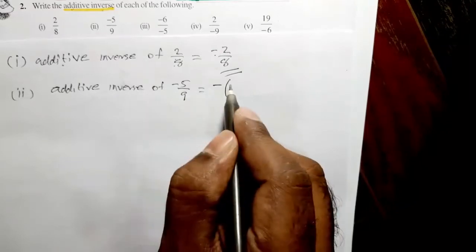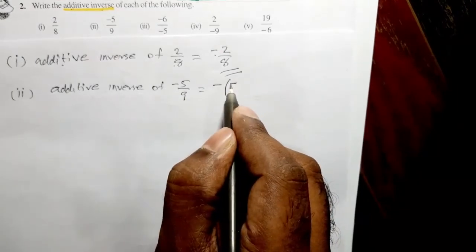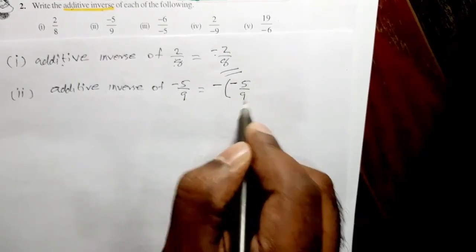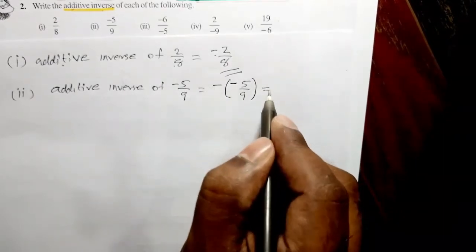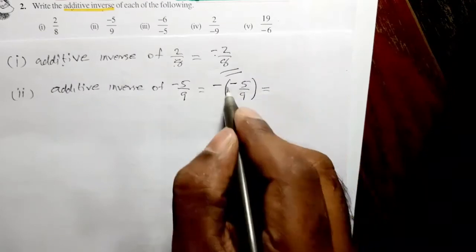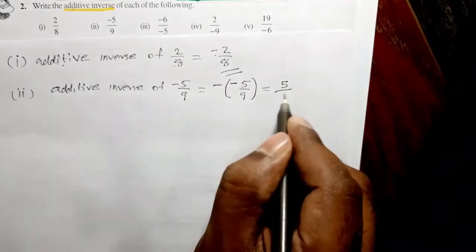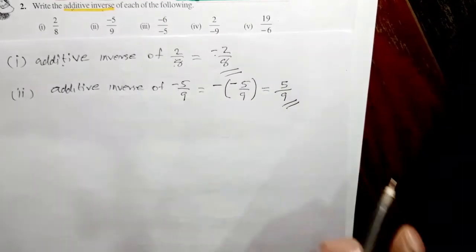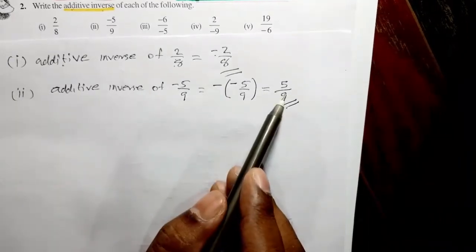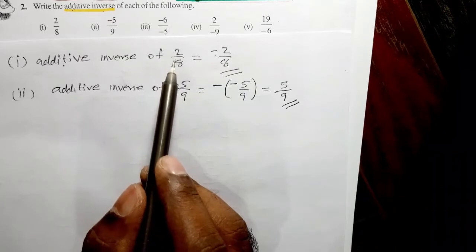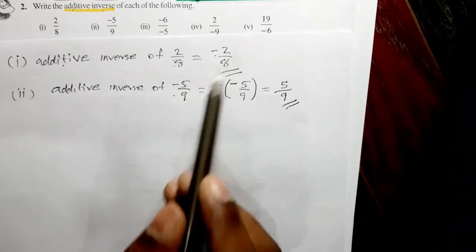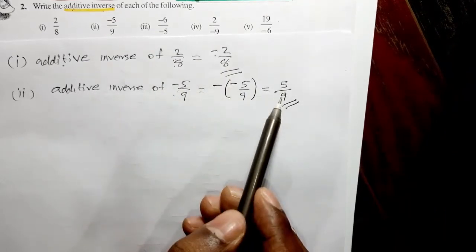But already one negative symbol is there, so two negative symbols will come there. Two negatives coming together means it will become plus. So minus minus together means it will be 5 by 9. So it is positive 5 by 9. This is the additive inverse of minus 5 by 9. So what can we understand? If there is a positive symbol, that will become negative. If there is a negative symbol, that will become positive.